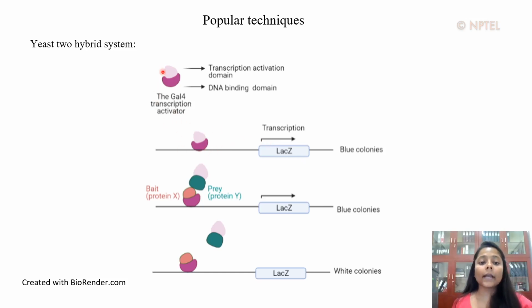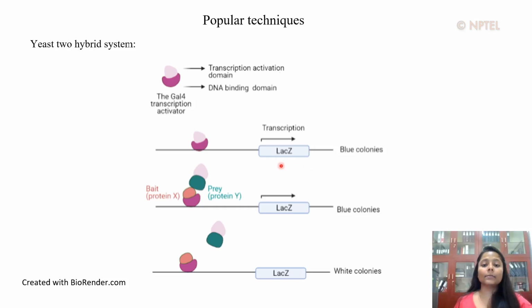This transcription activator has two separate domains. The first one is the transcription activation domain and the second one is the DNA binding domain. The transcription activator binds a specific DNA sequence upstream of the LacZ gene by its DNA binding domain, and then the transcription activation domain activates the transcription of this gene, leading to the expression of beta-galactosidase.